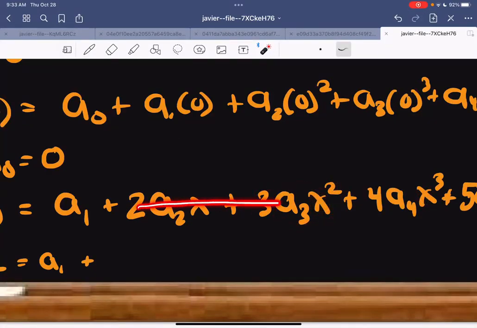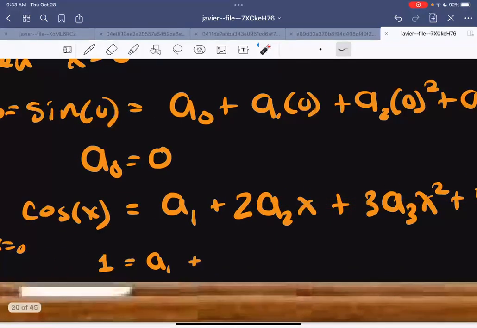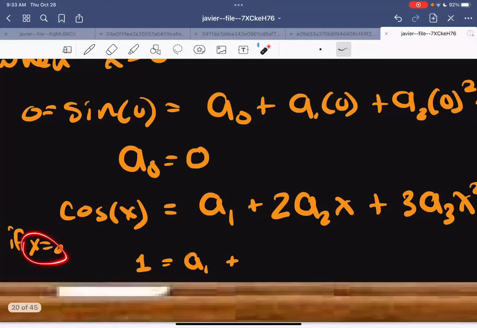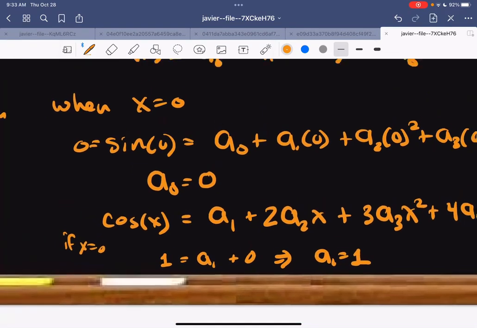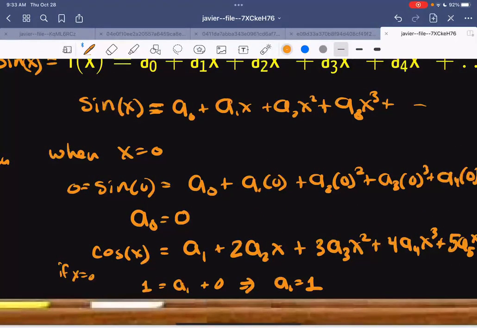In fact, all of this is going to be 0. Anything that has an x, if I'm plugging in x equals 0, will vanish. And so all I have is a bunch of zeros here. And I get the amazing conclusion that a1 is equal to 1. And whoa, I figured out two pieces of the DNA. I know that the first one is equal to 0, and I know that the next one is equal to 1. How about that?